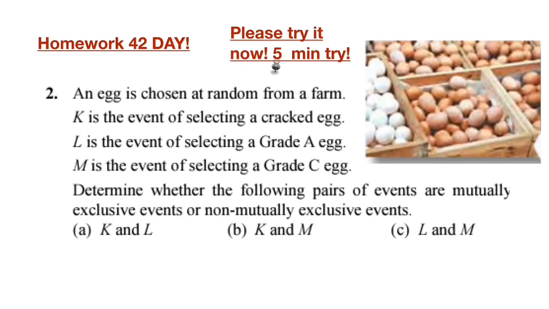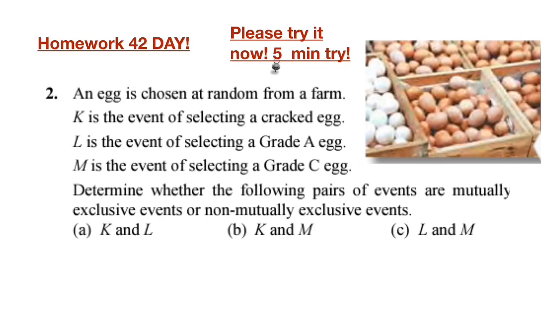Homework for today, question number 2. An egg is chosen at random from a farm. K is the event of selecting a cracked egg. L is the event of selecting a grade A egg. M is the event of selecting a grade C egg.